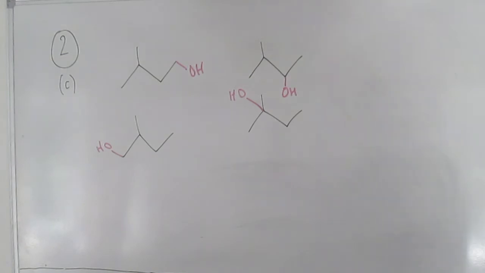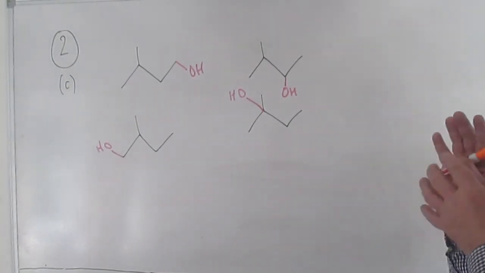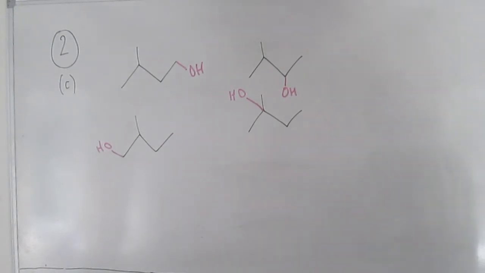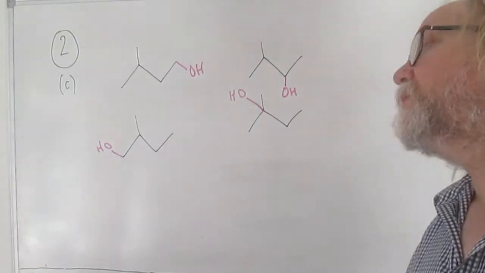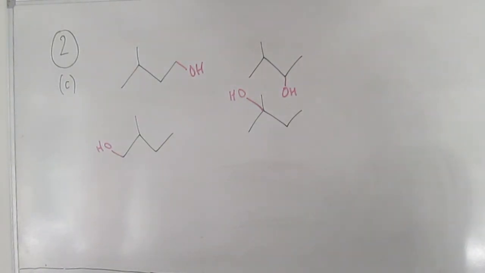So next it tells us that each of these compounds is then heated with aqueous acidic potassium dichromate under reflux. So prolonged heating, which means that if they can be oxidized, they get oxidized as far as it's possible to go. And that's important in terms of deciding what the products will be. So you need to learn this story, that primary alcohols, if you oxidize with aqueous acidic dichromate, get oxidized first to aldehydes, but if you want to stop at that point, you have to use the distillation technique.